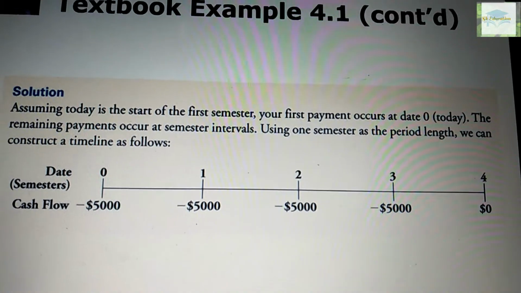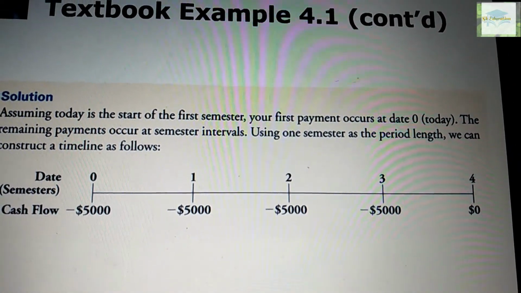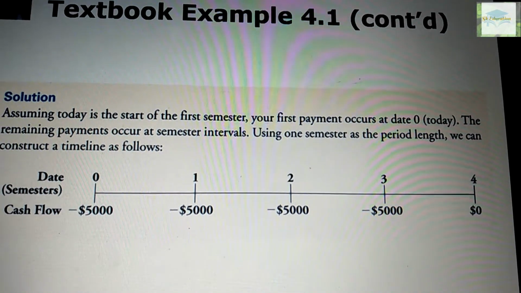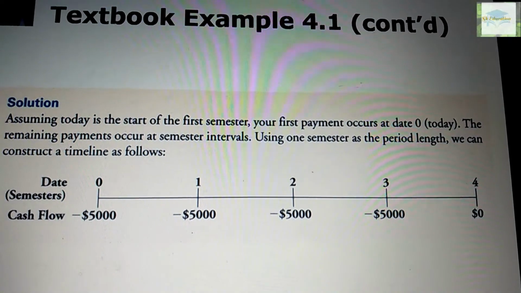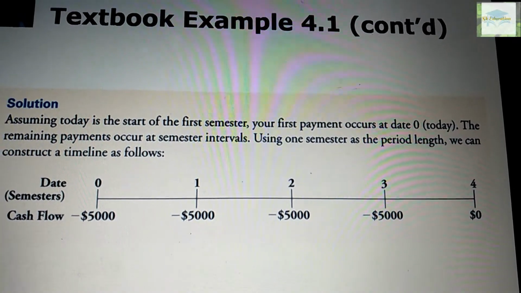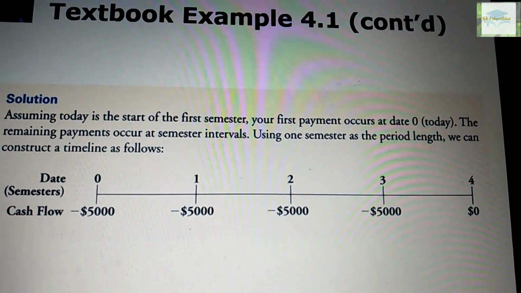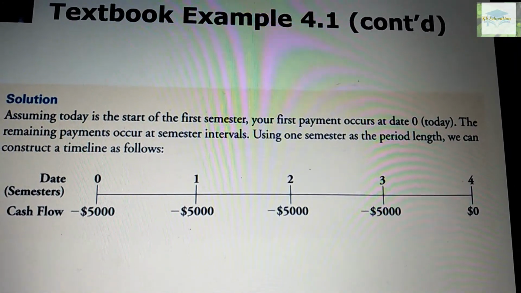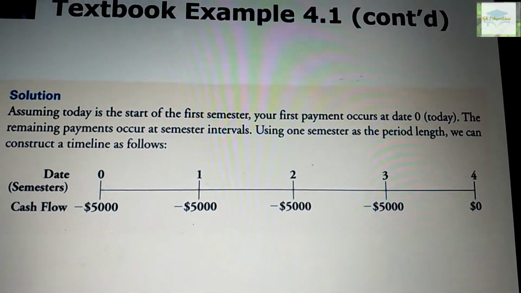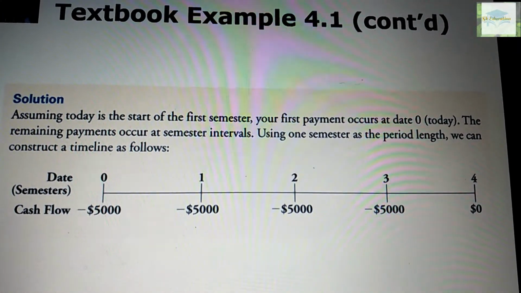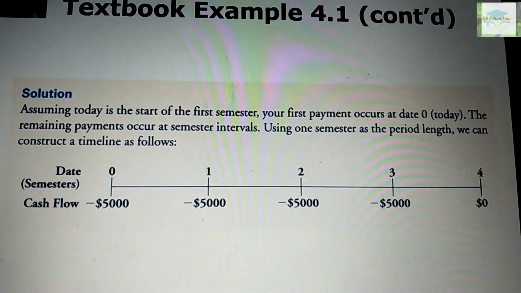So 0 is the beginning of the first semester, and 1 is the end of the first semester. So minus 5,000, then in the second semester minus 5,000. Under 2 minus 5,000, under 3 minus 5,000, and at the end of the fourth semester, which is the end of the second year, it's $0. So this is how we do a timeline. It's a negative cash flow because money is going out of your pocket, as you are paying money.